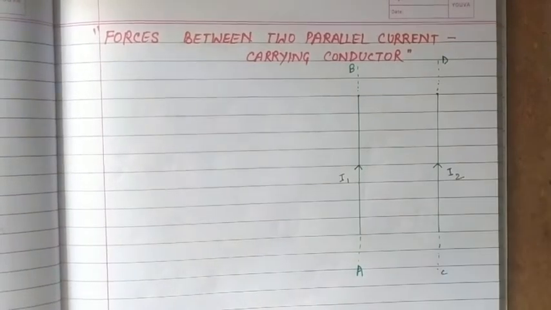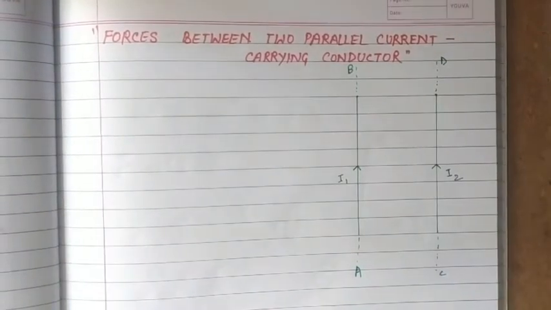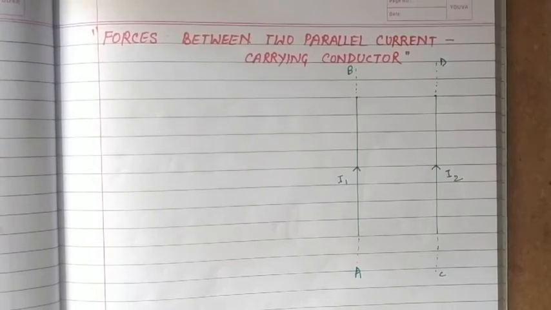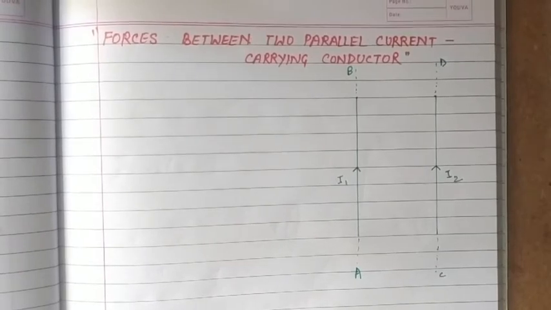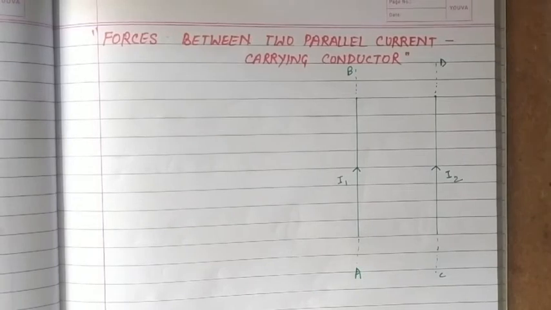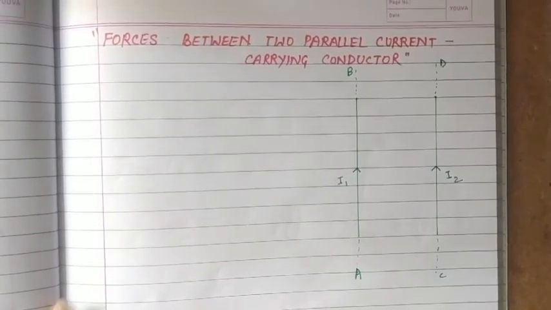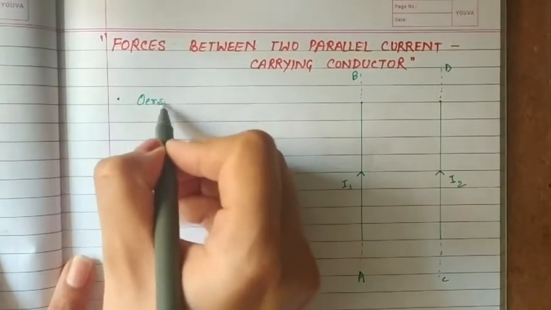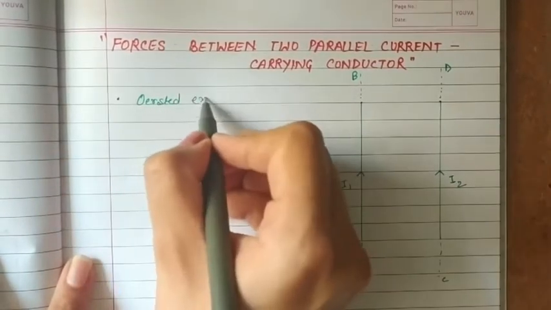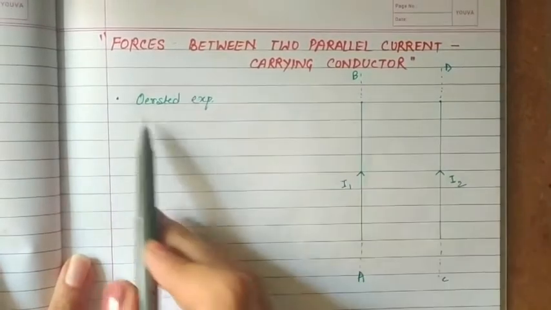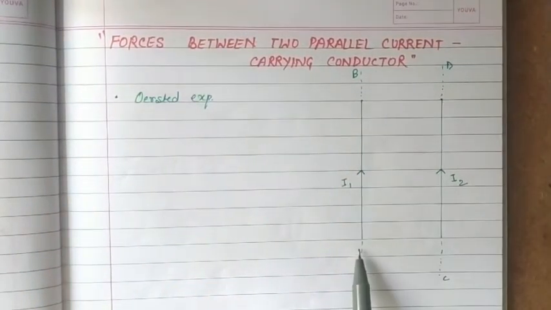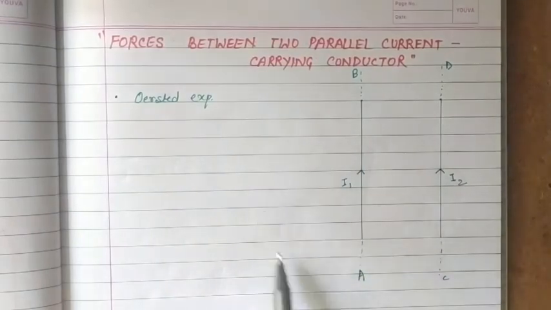Alright, so to study this phenomenon, the forces acting between two parallel current carrying conductors, we have to keep in mind three concepts. First is Oersted experiment, that states that whenever we have a current carrying conductor, a magnetic field is set up around it.